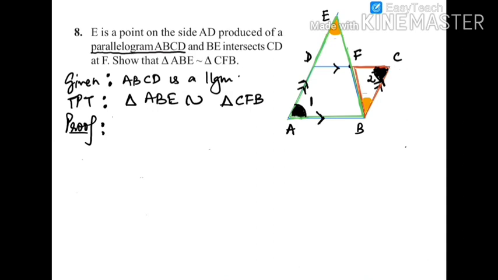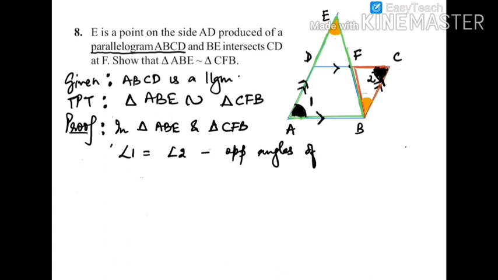So let's write down, in triangle ABE and triangle CFB, angle 1 is equal to angle 2 as they are opposite angles of a parallelogram. Let's mark the alternate interior angles as 3 and 4.